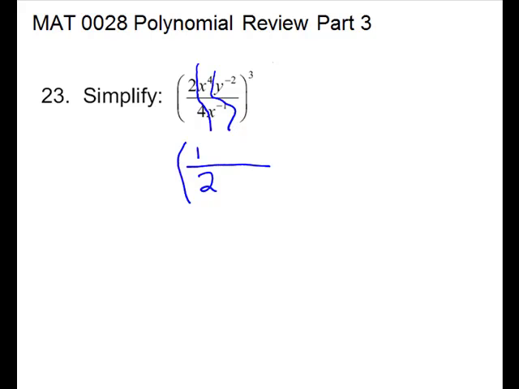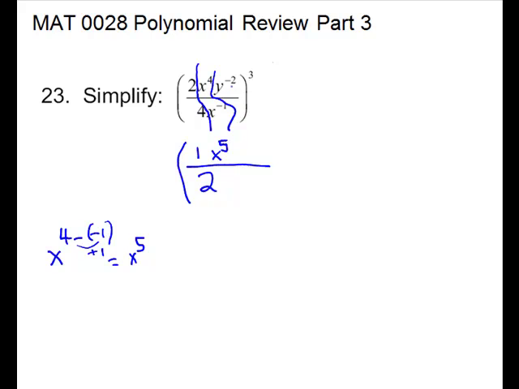The x's will subtract top to bottom, so you have 4 minus a negative 1. Minus a negative makes plus to give us x to the 5th. Or you could have shifted the one from the denominator up. They will both be on the top, and then they would add. So you get x to the 5th either way.